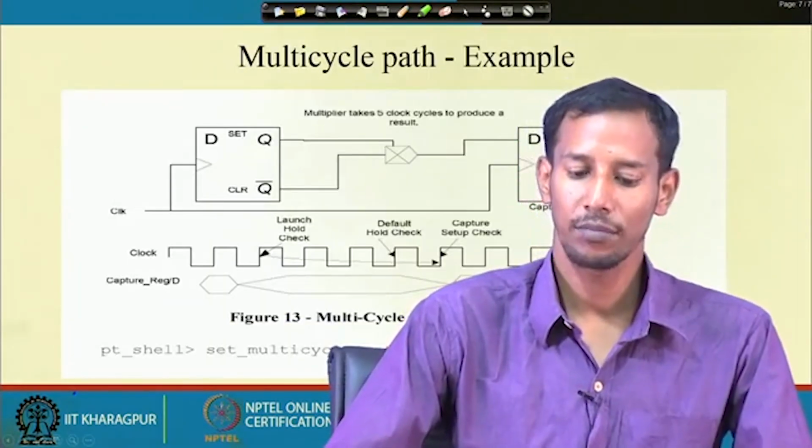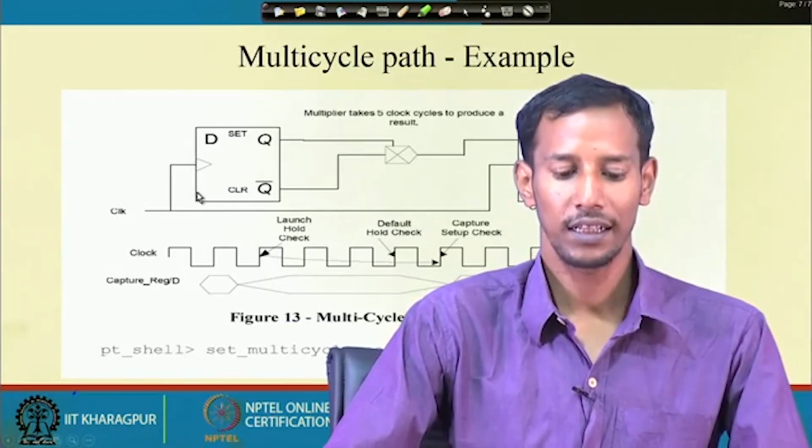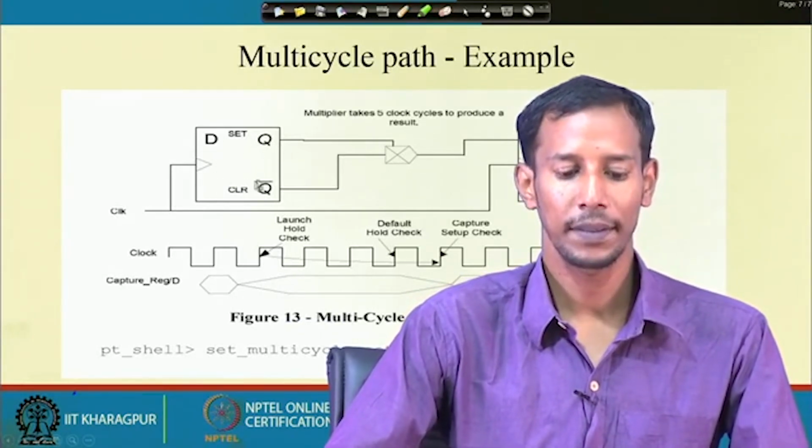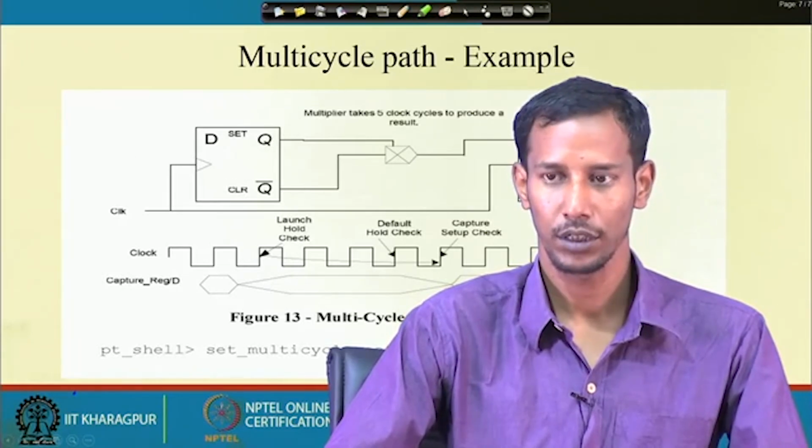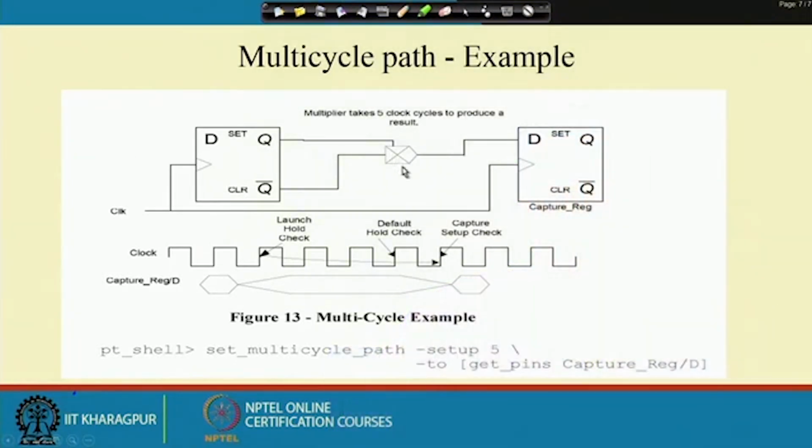What is the meaning of this? Suppose I have two flip flops that are connected, and in between them there is one multiplier. This multiplier takes 5 clock cycles. So, for the data transfer between these two, I have to wait 5 clock cycles for the data to arrive properly.